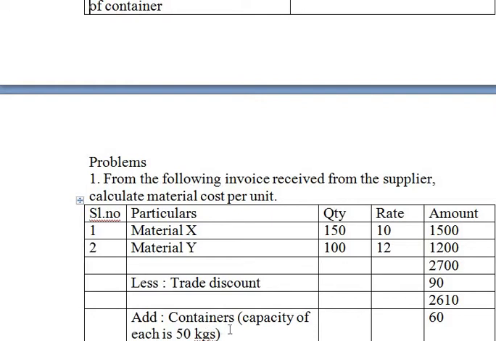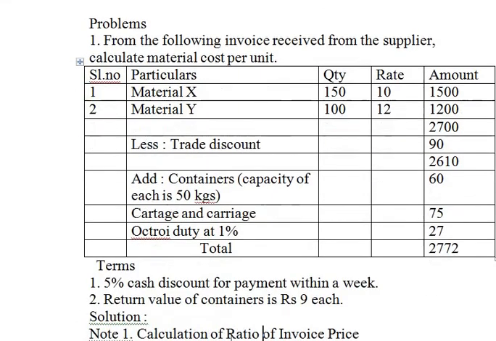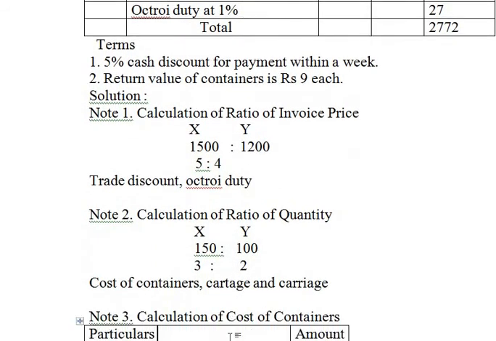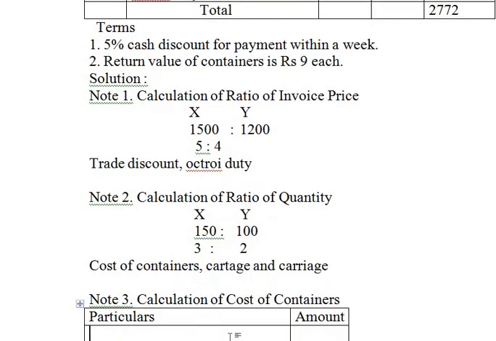We add the two quantities, 150 plus 100, which is 250. 250 divided by the capacity of each, 50 kgs. How much will you get? 5. It means containers are 5.